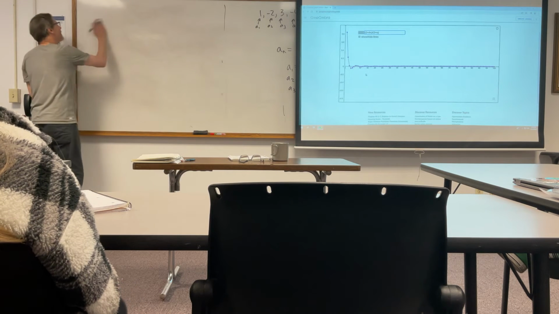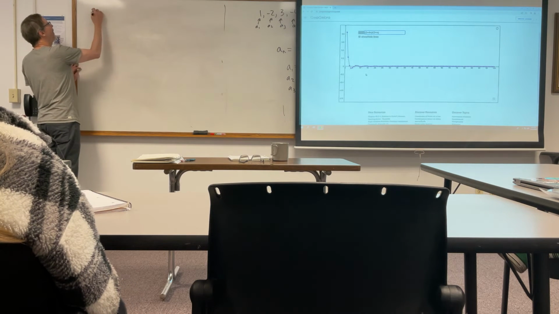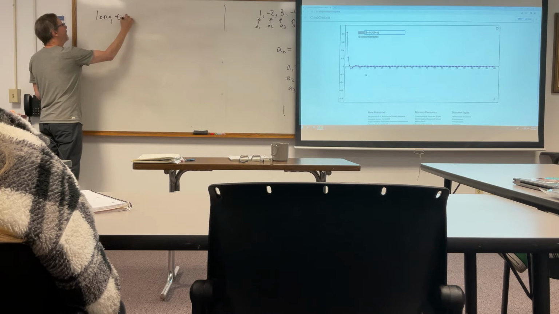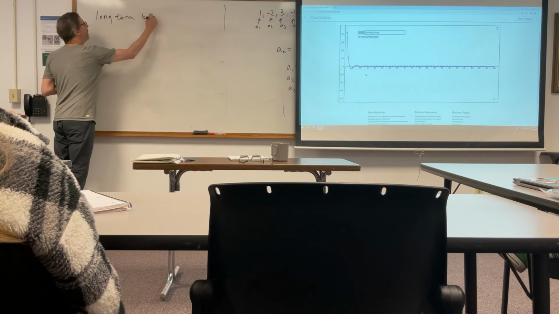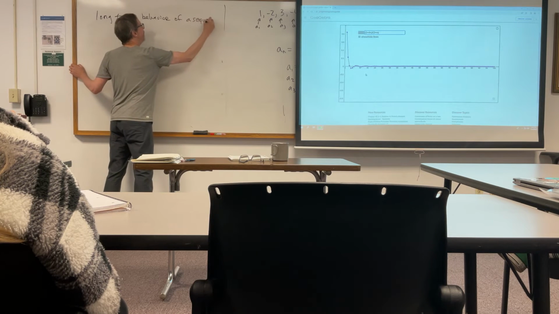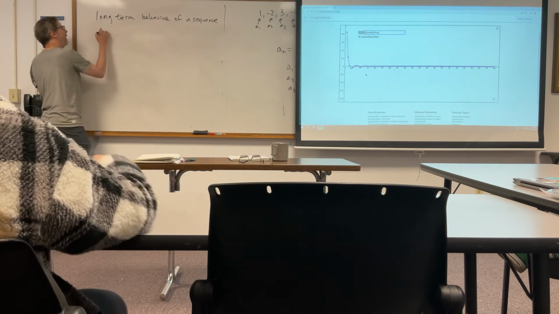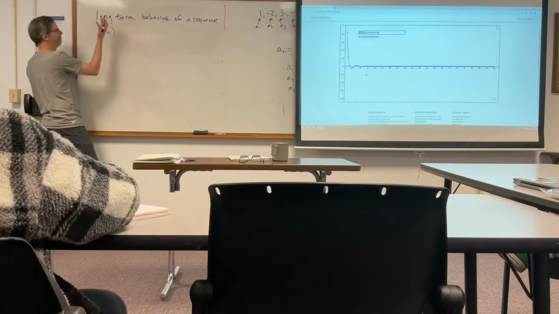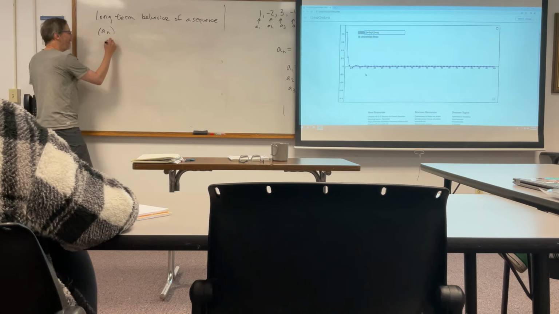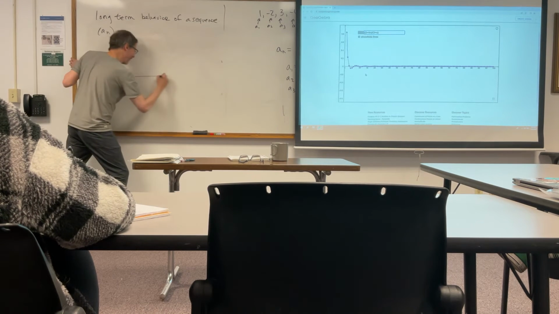Actually, let's talk more about what it means to say, let's just talk about long-term behavior of a sequence. And we'll just call it A sub n. Draw you a picture.